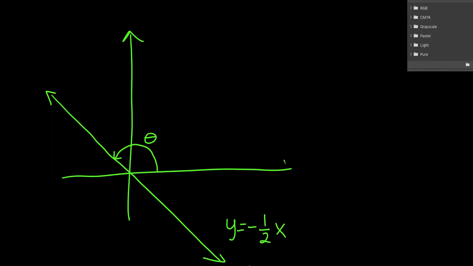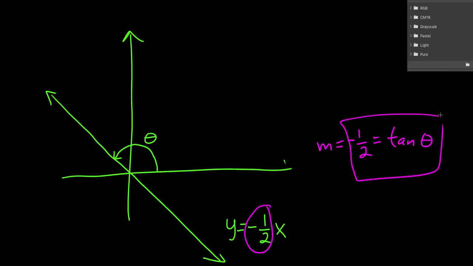If we use what we learned on the previous one, we know that the slope is negative 1/2, but we also know that that's equal to tangent theta. And so this is really what we need to find theta.